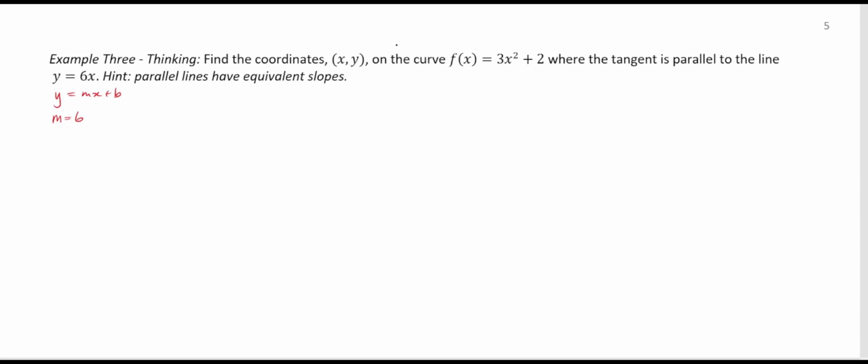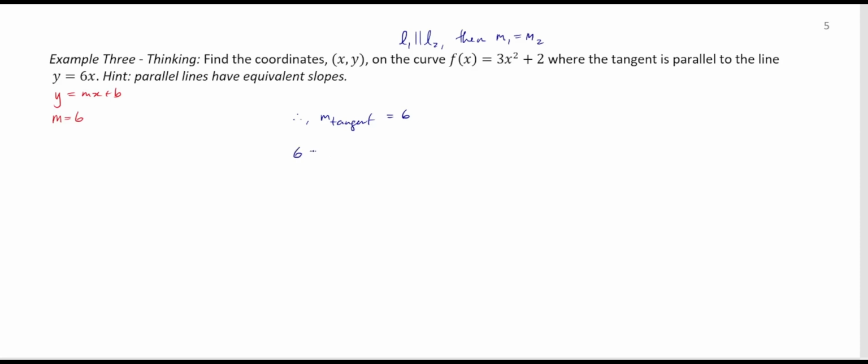Well, we have to recall that if two lines are parallel, then their slopes are equal. So if the tangent line is parallel to this line right here, then I already have the slope of the tangent. So I'll say, therefore, the slope of the tangent is equal to 6. And now I can go ahead and use my tangent line formula.